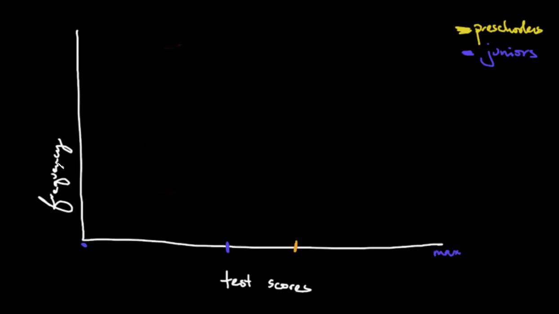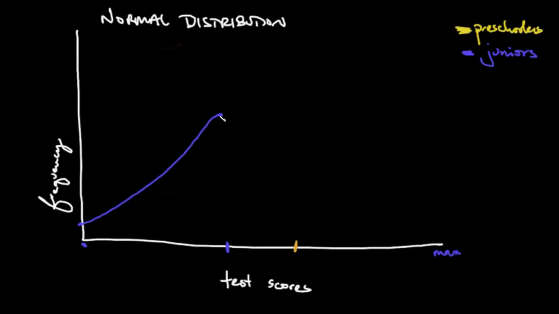So I'm going to use my purple here. Let's say that our average score has a pretty high frequency, but what we would typically expect in what's called a normal distribution is that from that data, from that mean, we would predict some kind of bell curve like that.